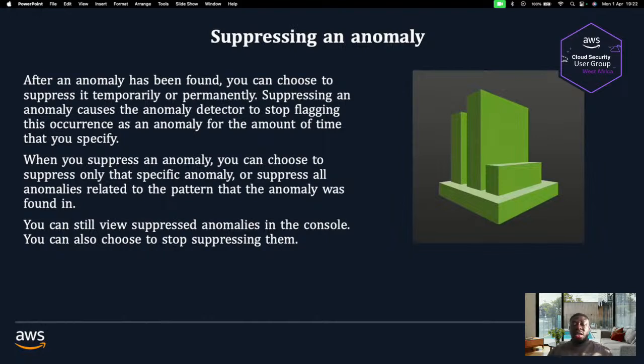And the interesting thing is that even with all of this, you can still view suppressed anomalies in the console, and then you can choose to stop suppressing them or to continue suppressing them. That is one of the interesting things about this.